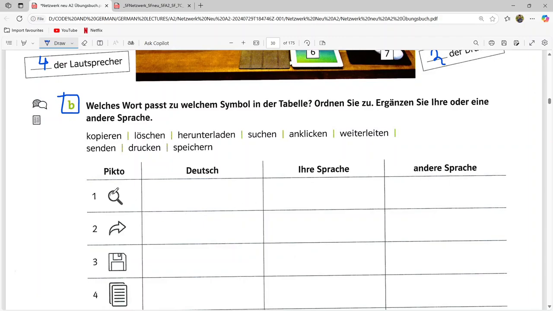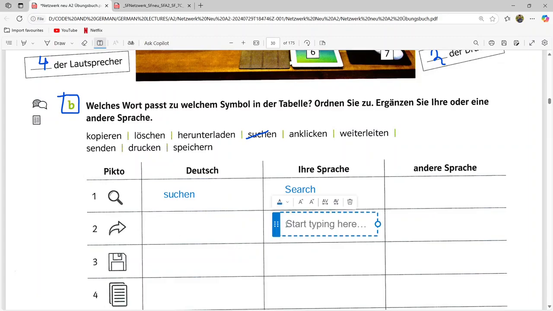Okay. First one is search. In English it is search. So what will this be in German? In German this will be suchen. Okay. Next one is forward. Forwarding the message.